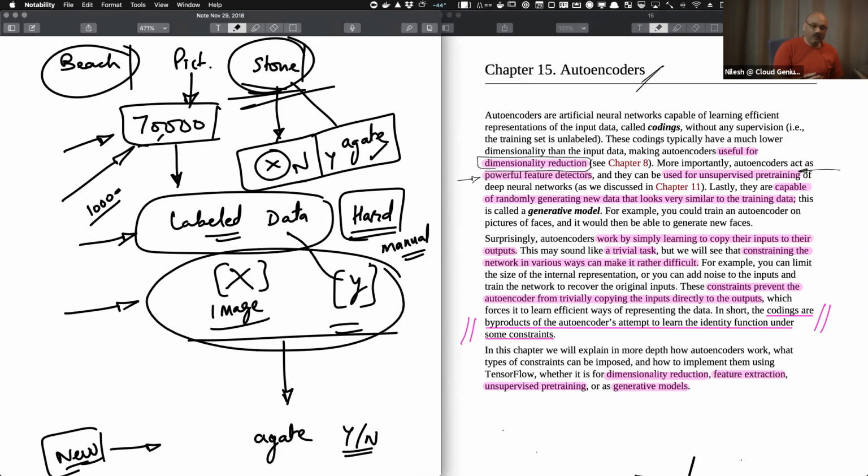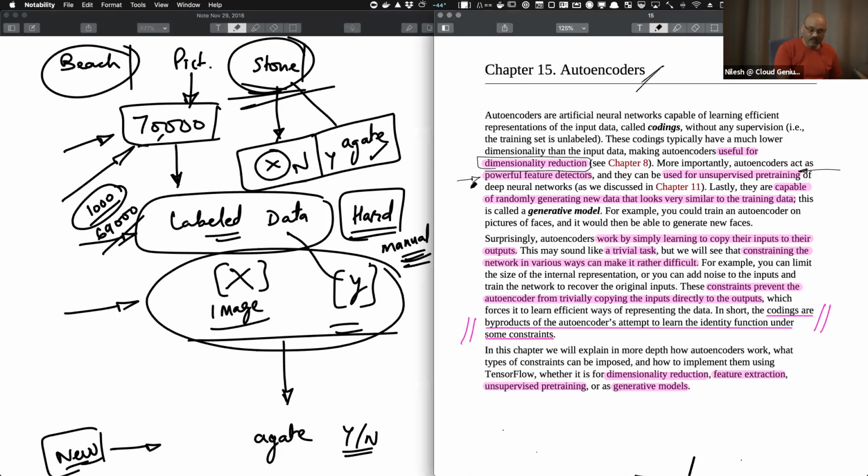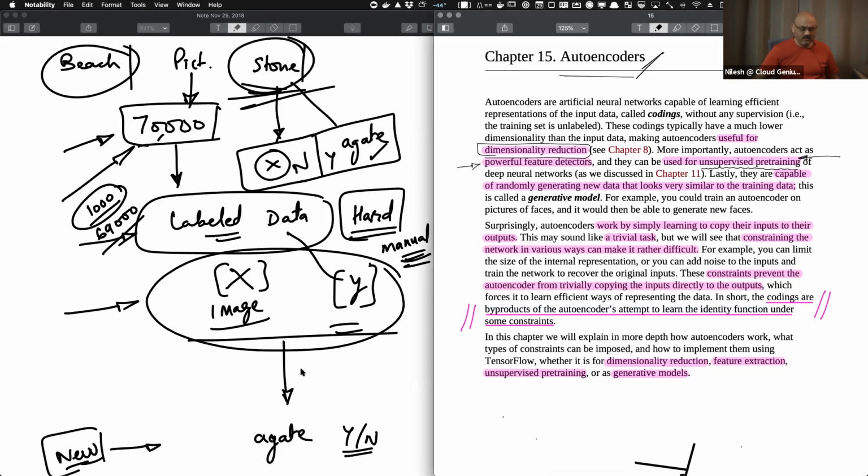That is probably doable as a manual task, and you leave the 69,000 unlabeled, but you keep them because that's a useful way of, now that you have the pictures, you just store them. And we can potentially apply techniques in autoencoders to use the unlabeled data set as input, specifically the unsupervised pre-training segment.